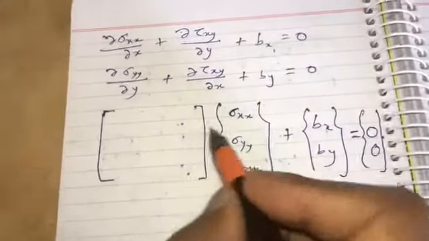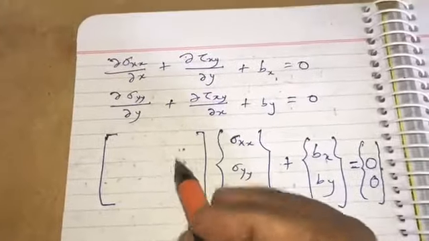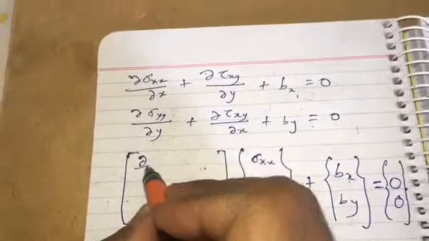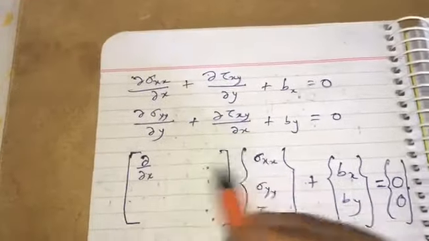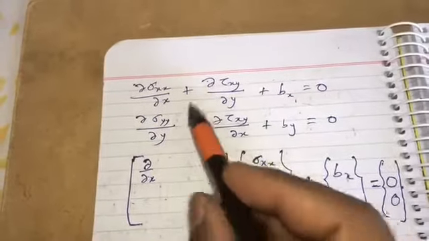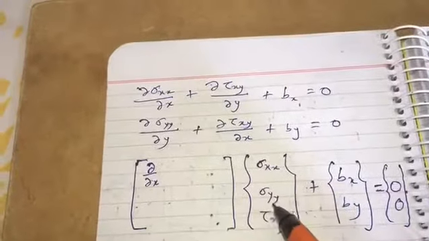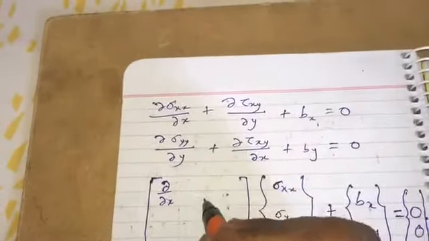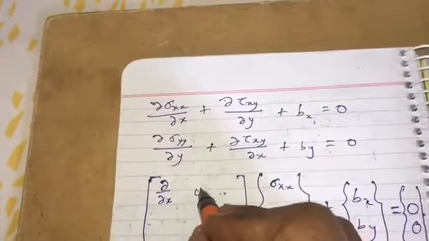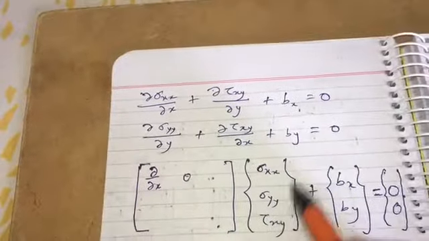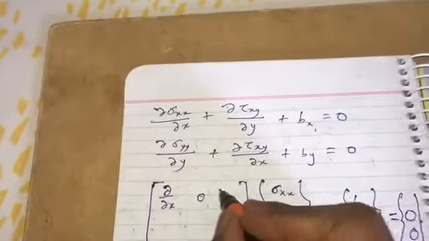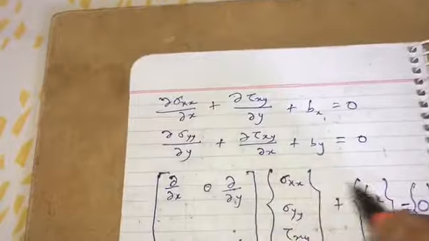In this case, the first row will be del over del x, which will operate here, the second term is 0, and the third term is del over del y.